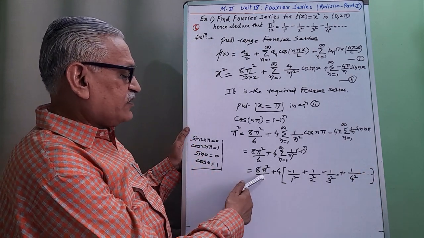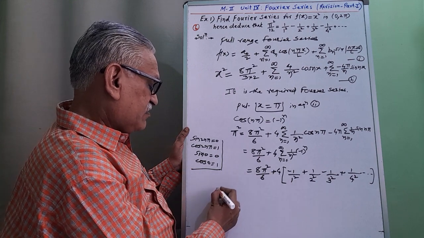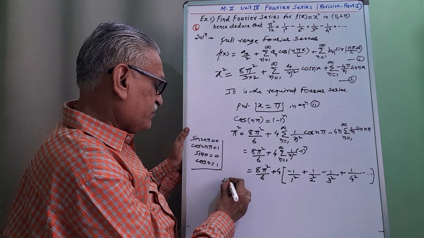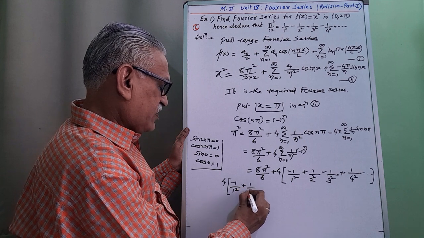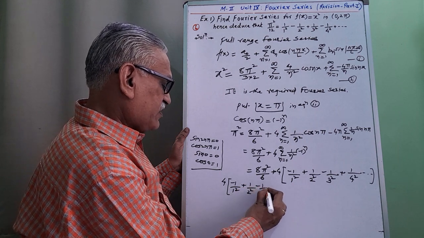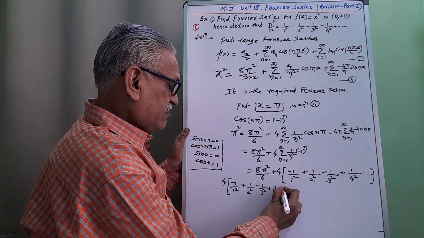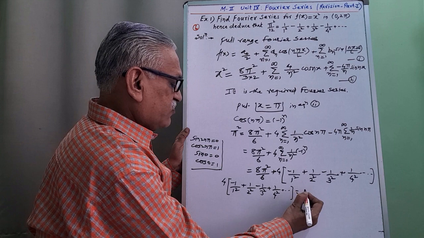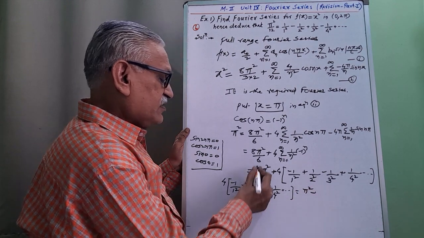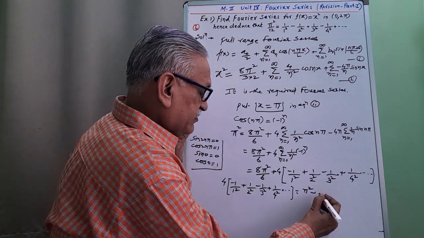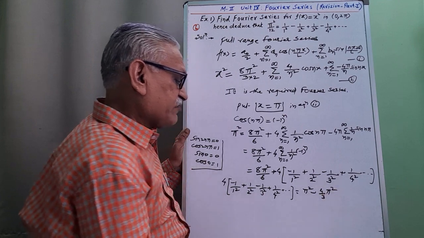Then, transferring this to other side, we get 4 into minus 1 by 1 square plus 1 by 2 square minus 1 by 3 square plus 1 by 4 square, and so on, that is equal to pi square minus 8 pi square by 6, dividing by 2, we get 4 by 3 pi square.